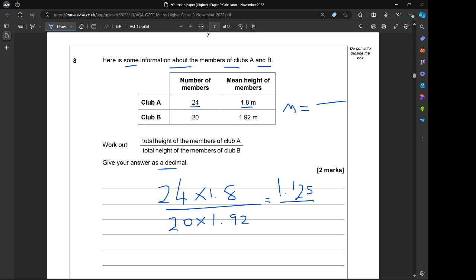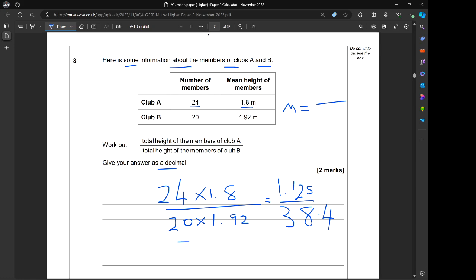So what is 20 times 1.92? Thank you, Zem. It's going to be 38.4. Now we do 1.125 divided by 38.4. Let me give it a go. Clear, 1.125 divided by 38.4.